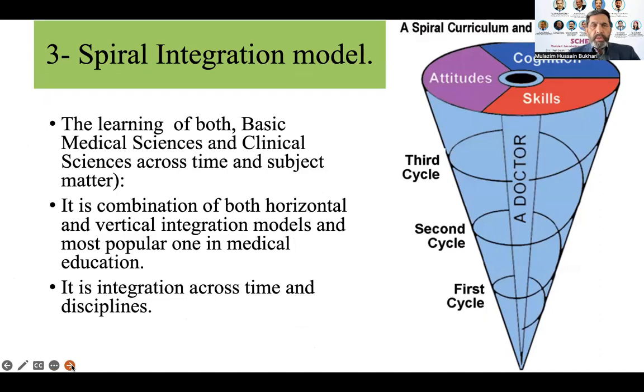The model I suggest, and which we are following, is the spiral model: you have the first cycle, second cycle, third cycle, fourth cycle. And according to Bloom, you have to concentrate on the cognitive domain, the affective domain for attitudes, and the psychomotor domain.